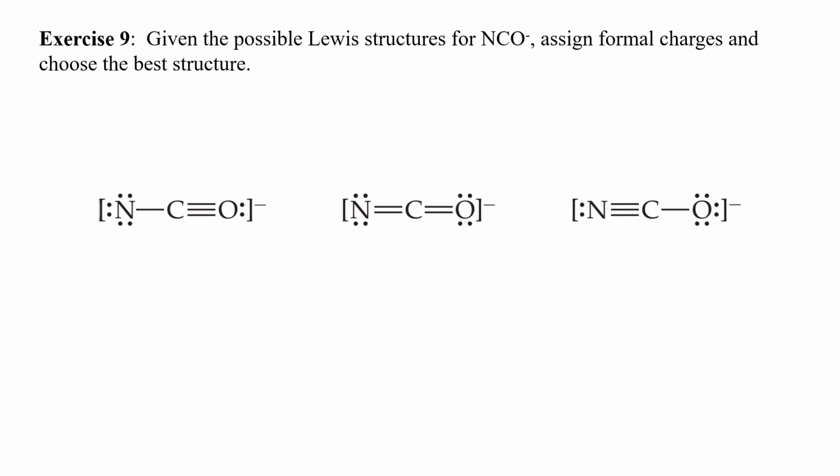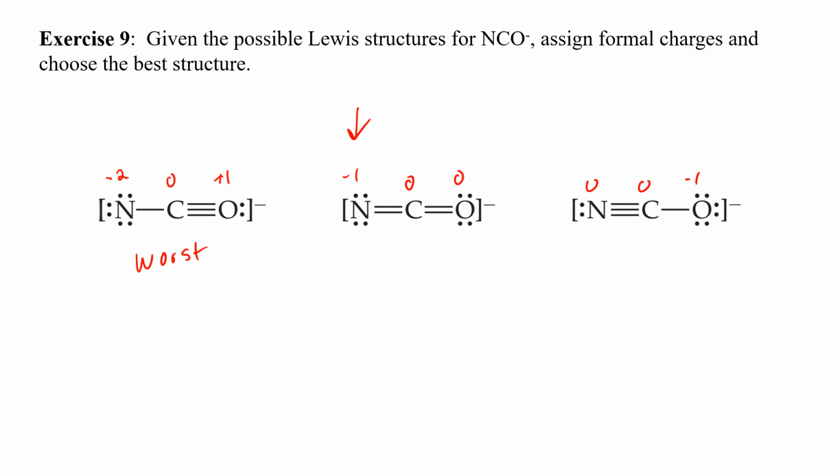All right, so let's take a look. We assign our formal charges first. This is a -2, 0, +1, we have a -1, 0, 0, and we have a 0, 0, and a -1. So this is going to be our worst.